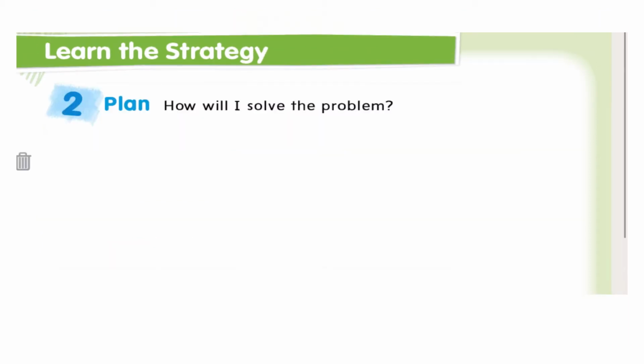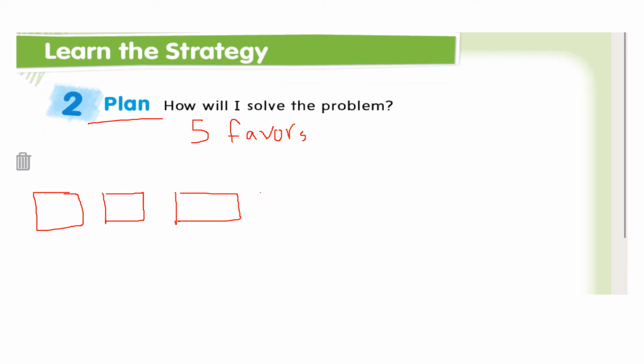Step number 2, we need to plan. How will I solve the problem? Let's do that together. She has said that she has 5 favors with 6 bags. Bag number 1, 2, 3, 4, 5, 6.